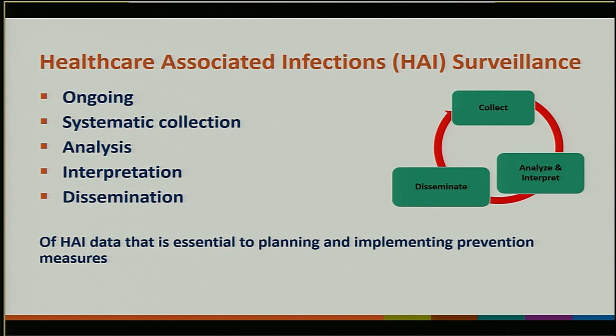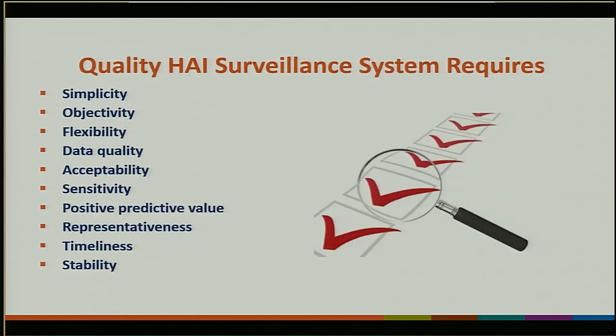Similar to other surveillance systems, HAI surveillance is ongoing, systematic collection and analysis of data, followed by interpretation and timely dissemination of that HAI data. That means to your leadership and your stakeholders and your staff. This is essential for planning and implementation of prevention measures. A good quality HAI surveillance system requires the following parameters.